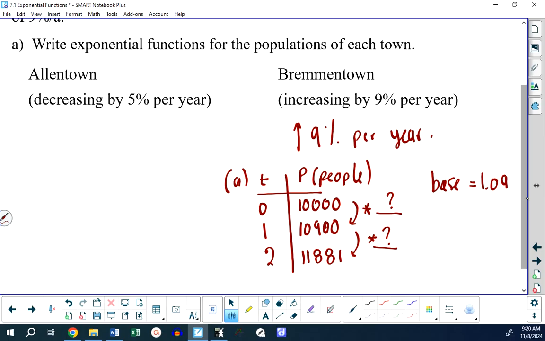You're going to pay 109%. And 109% in decimal form, which is what you do with percent to multiply it and use it, is 1.09. What would the base of our exponential function be here?